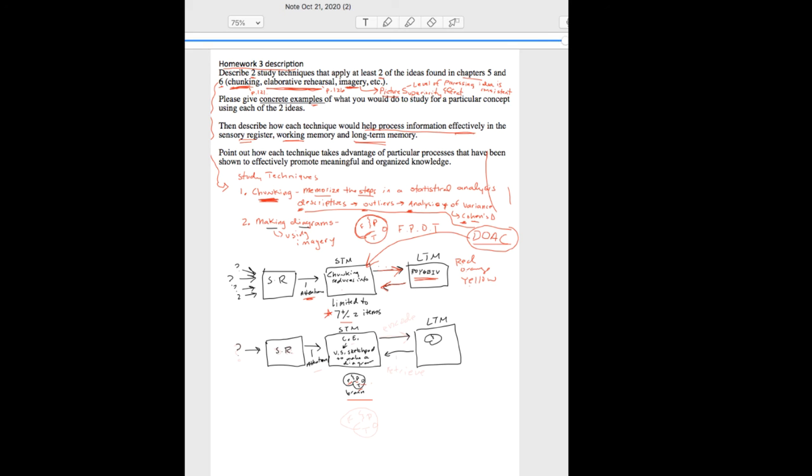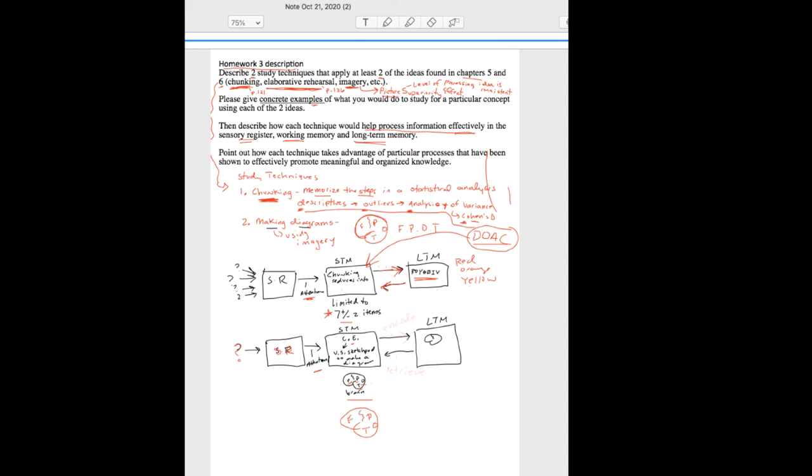Likewise, if you use imagery, I'm going to look at what I need to study. I'm going to enter the sensory register. I'm going to pay attention to it. My central executive here is going to decide, hey, let's use the visuospatial sketchpad. The visuospatial sketchpad is going to make a diagram of the brain and label it frontal, parietal, occipital, and temporal.